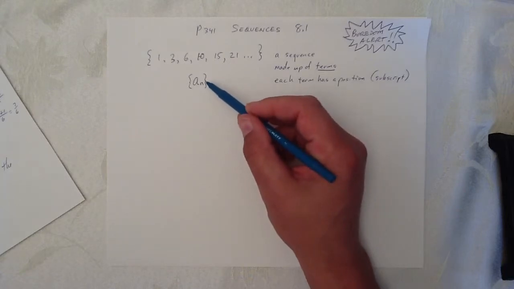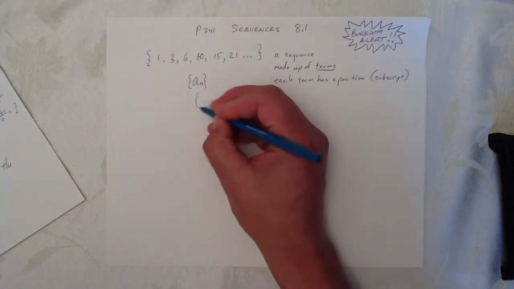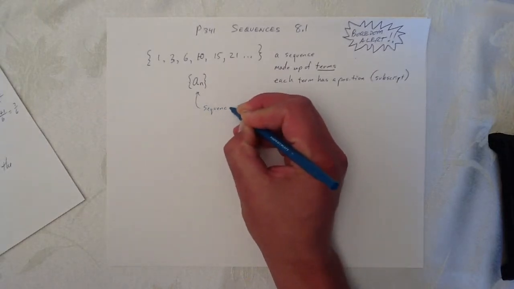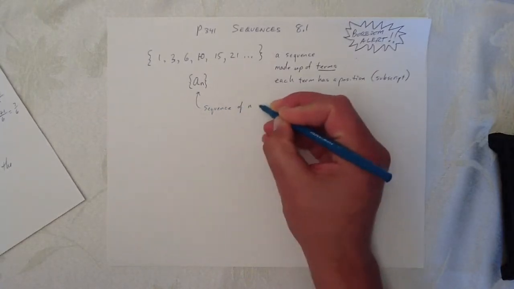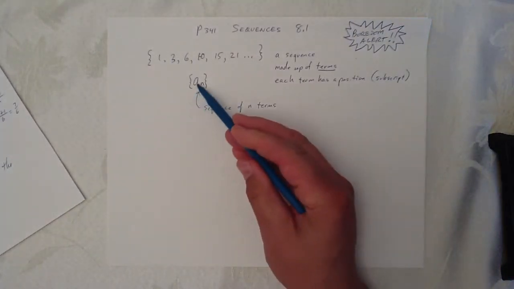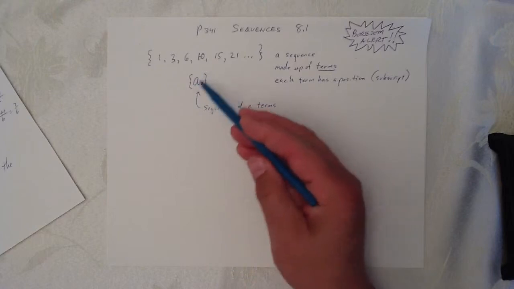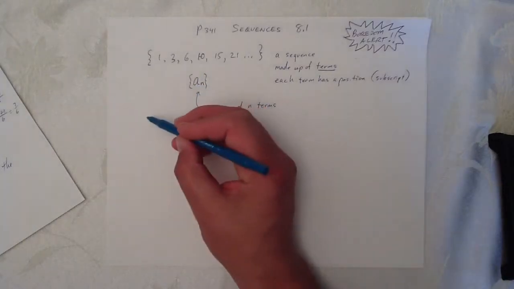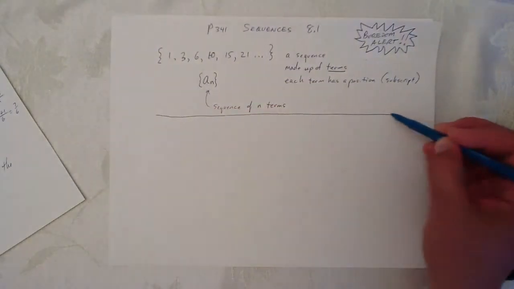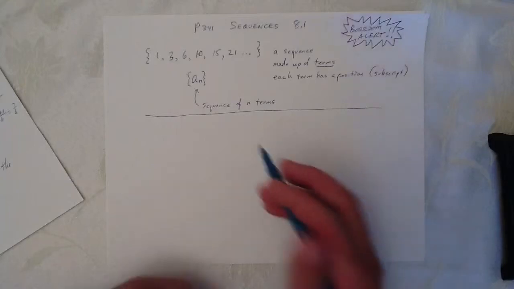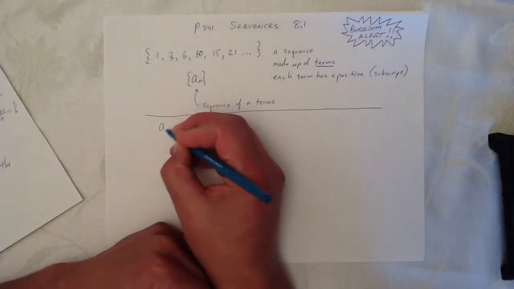So this is a sequence of n terms. And it's designated that way, and it could be A, it could be B, it could be Q, it doesn't matter. Any variable works there. So what mathematicians like to do in their continuous attempts to terrorize their students is they like to write things down like this.